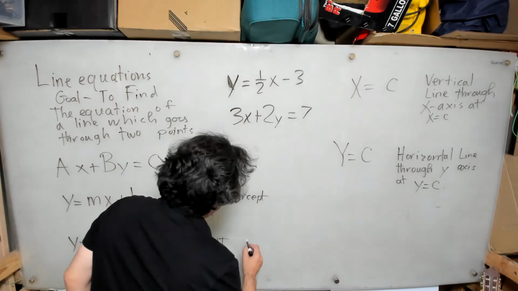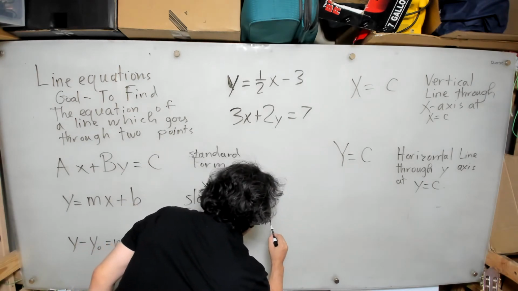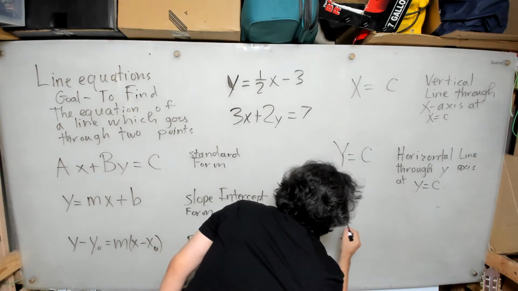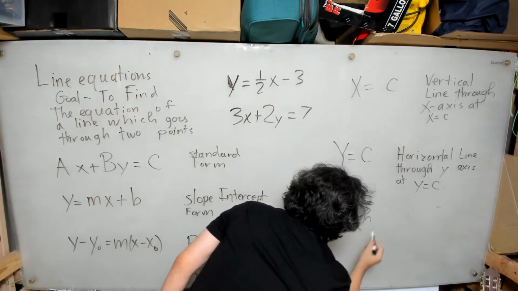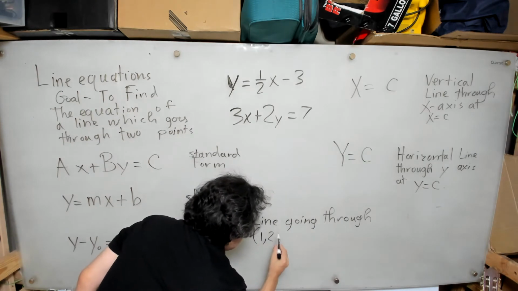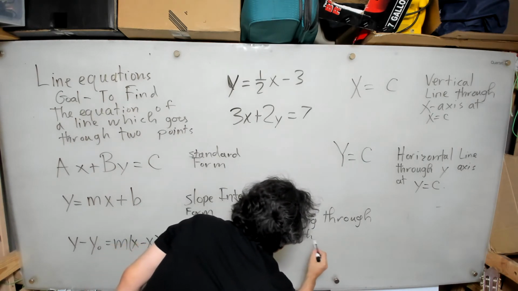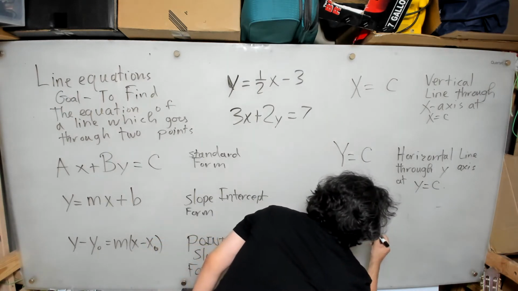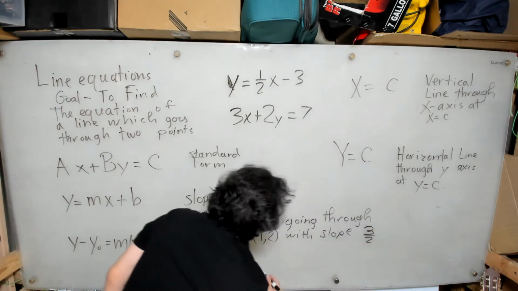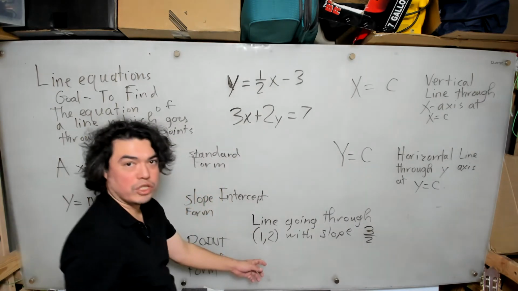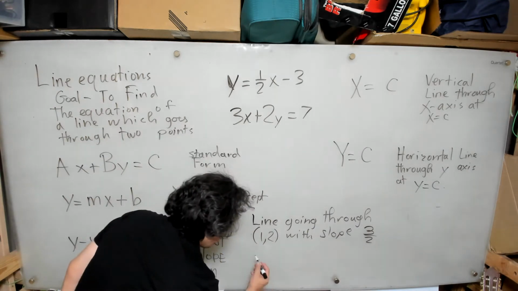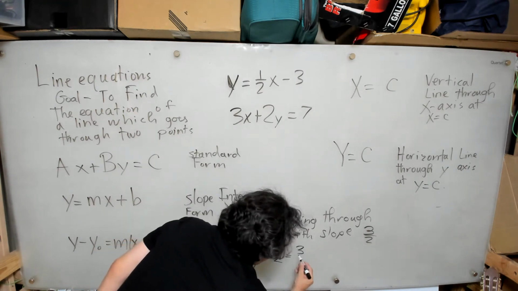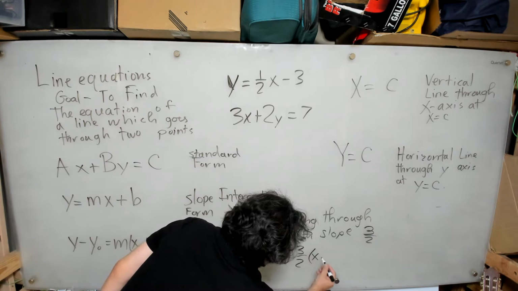So for example, if I have a line going through, let's say, 1, 2 with slope, let's say, 3/2, then I can write the equation as y minus 2 equals 3/2 times x minus 1.